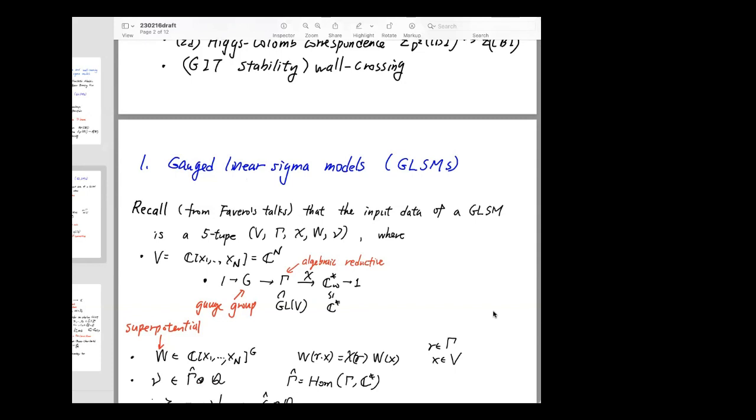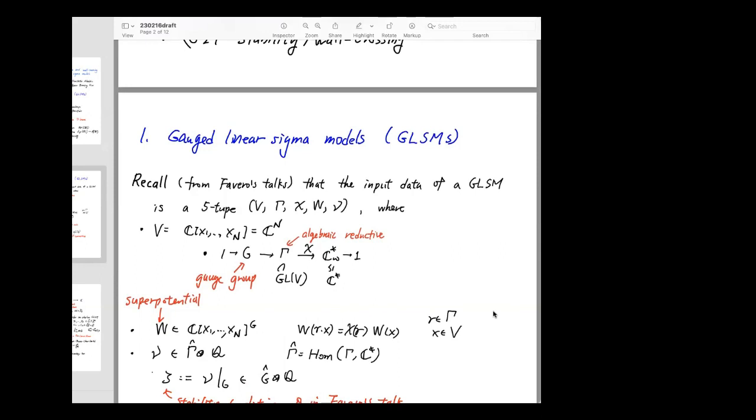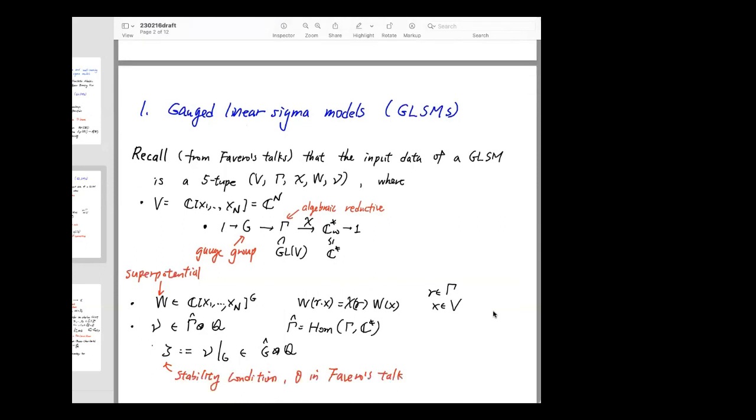The superpotential is a polynomial on V, which is invariant under the gauge group. And for elements in Γ, it satisfies this relation. Also, ν is a Q-character of Γ. In David's talk, θ is the restriction of ν to G. In this talk, it will be ζ, a rational character of the gauge group.